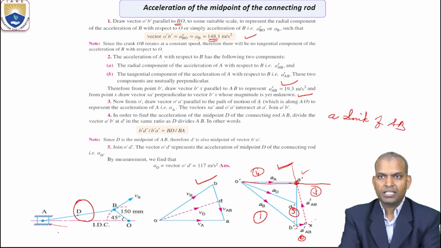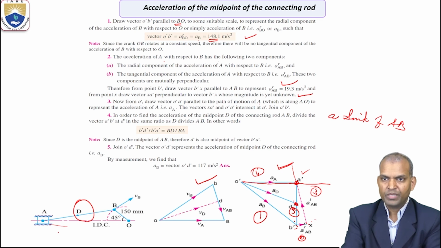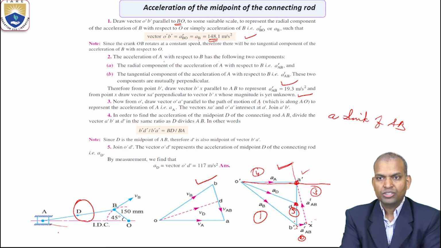Next point. Next we want to find out D. That D is the midpoint of AB. On A dash B dash, mark the midpoint. Join D to O dash. That is the sixth point.